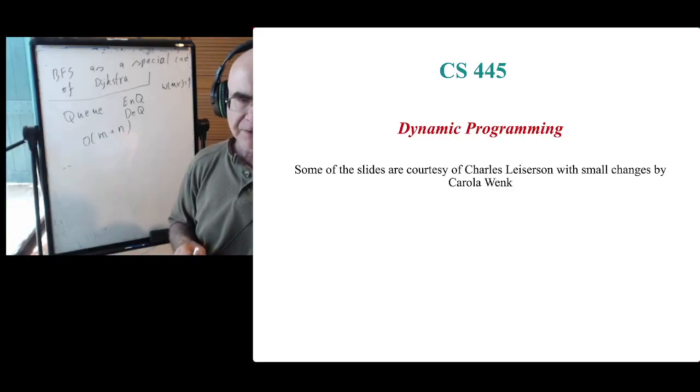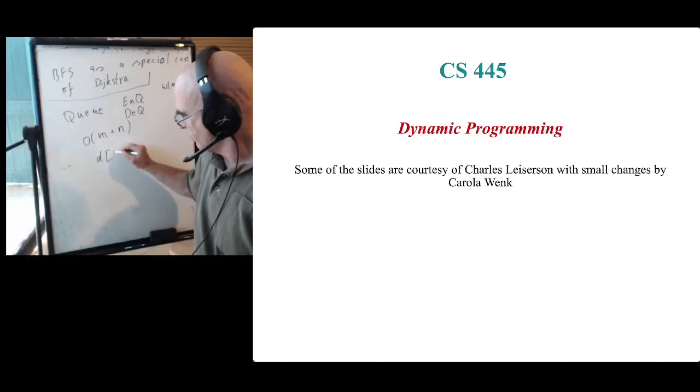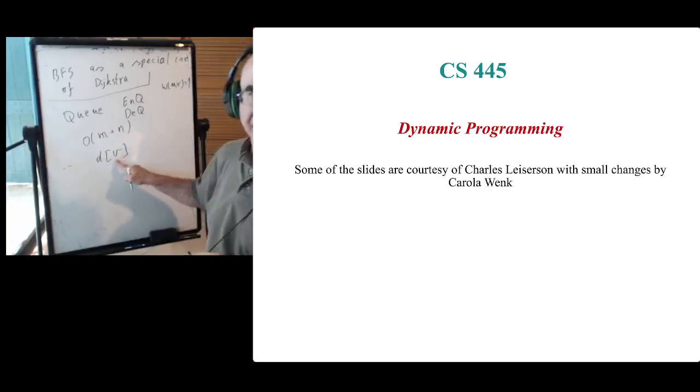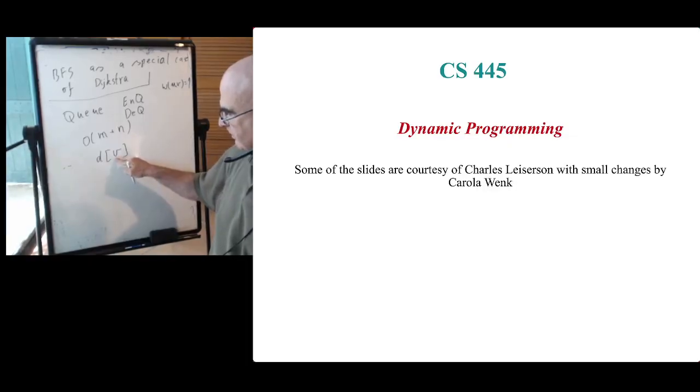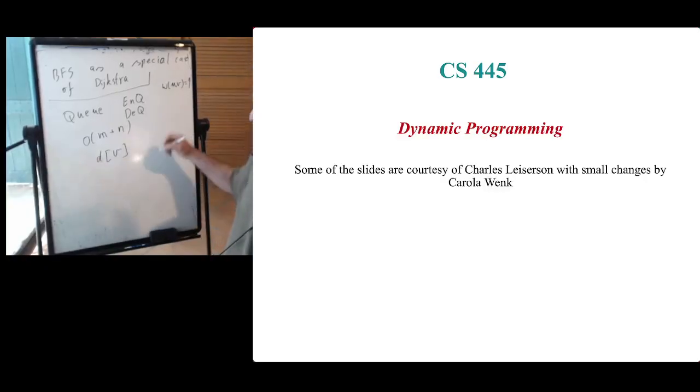Convince yourself that Dijkstra works. The proof of Dijkstra is that when Dijkstra ends, it reports for every vertex v some number d of v. It's easy to convince ourselves that as the algorithm runs, d of v is always larger than or equal to delta from S to V, where delta of S to V is the length of the shortest path.